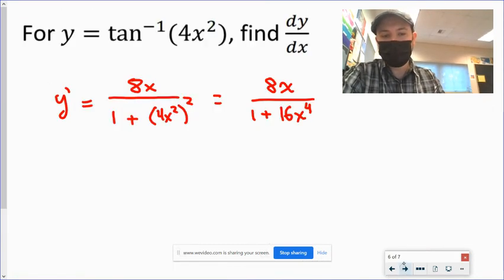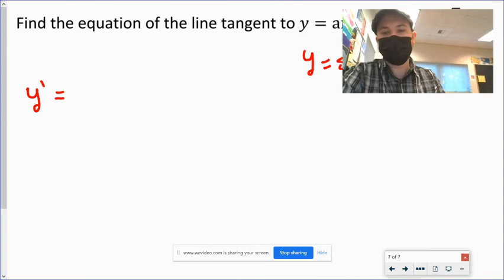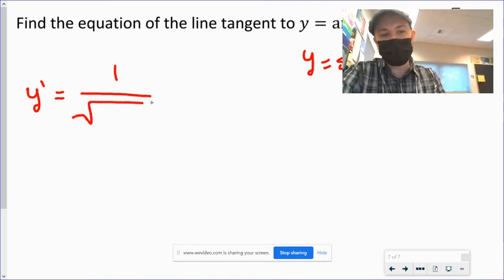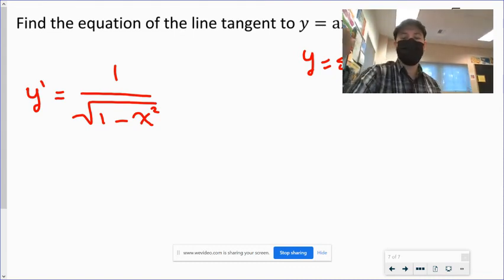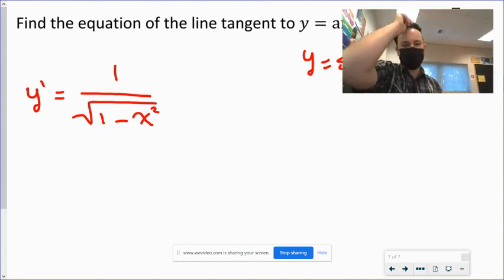Excellent. Now in this case, u is just x, and the derivative of x is just 1. So my numerator is 1, and I'm over the square root of 1 minus u squared. U is just x, so we have x squared.